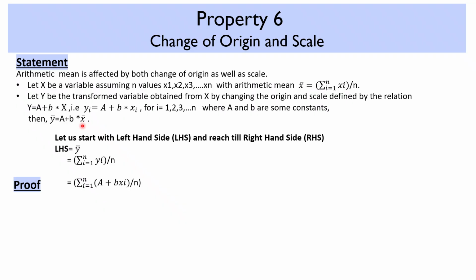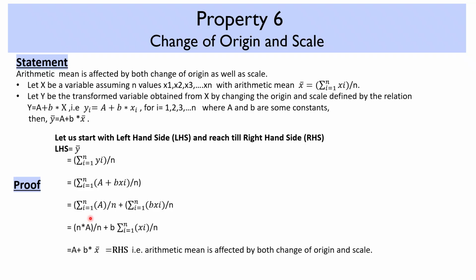Let's prove it. We will start with the left hand side, y bar, which is summation y upon n. Y is substituted as a plus b xi. In the next step we separate out these two terms, so it comes to be summation a upon n plus summation b xi upon n.